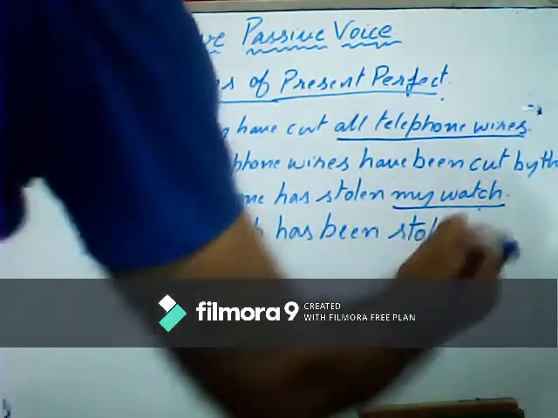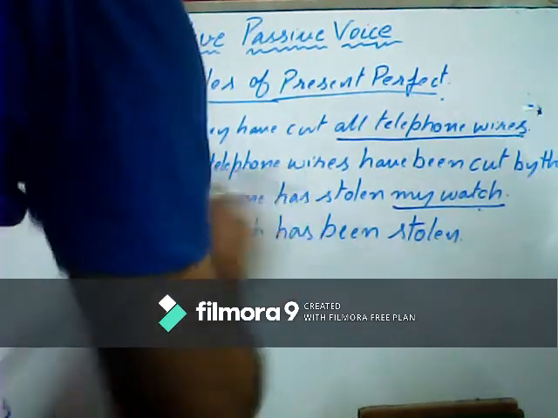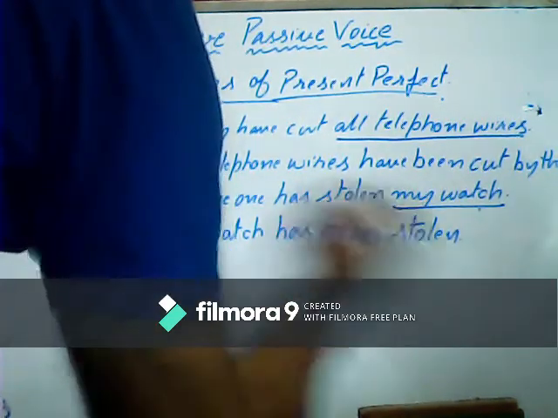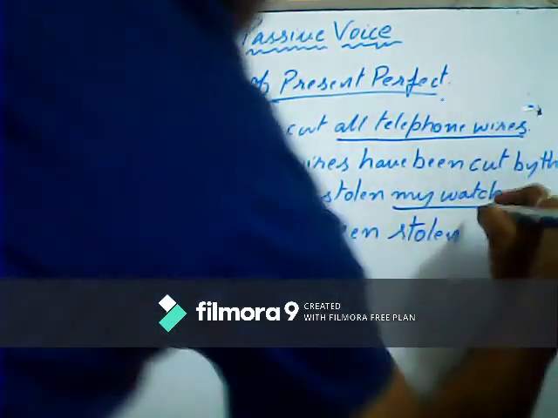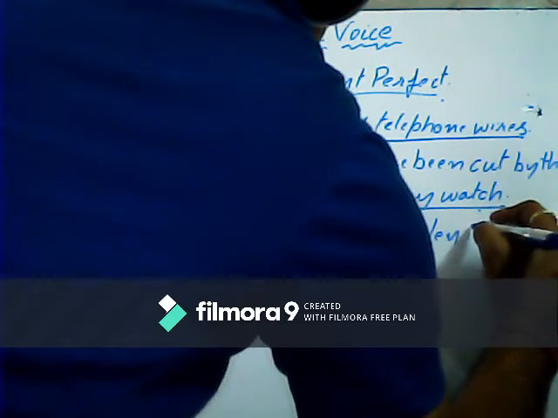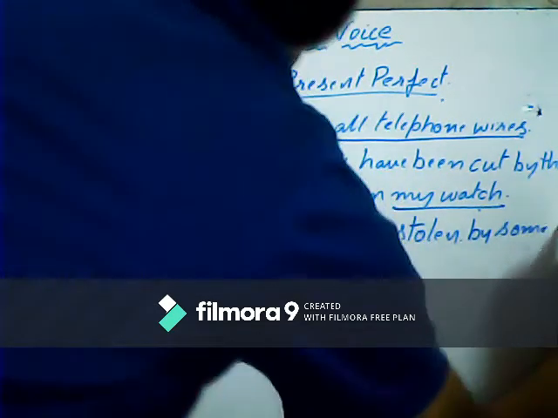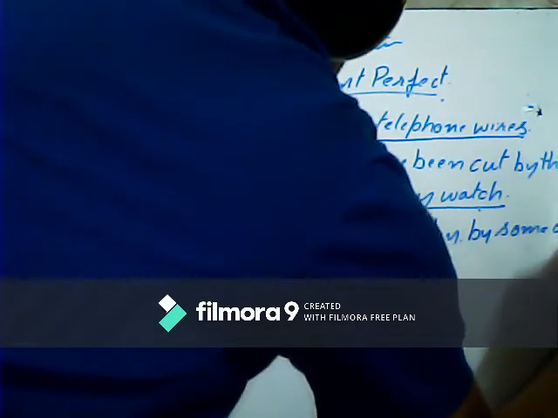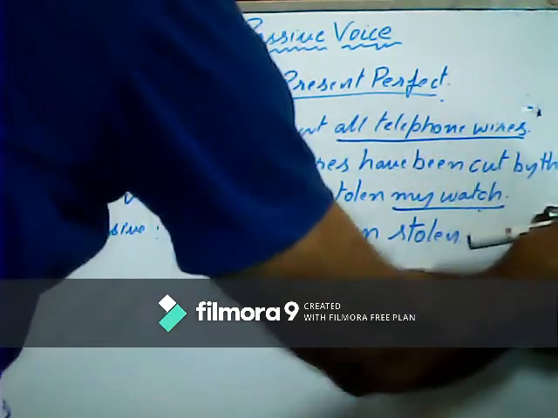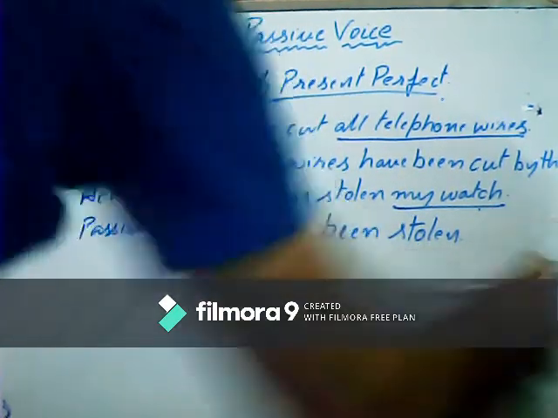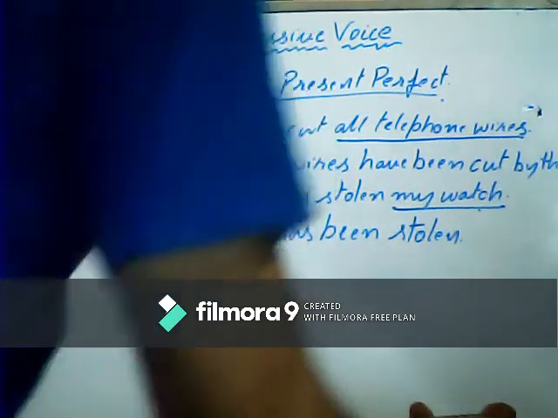Now here we can write this much only, because by someone is not important. It is understood that by someone, or if you write it also, that is not a problem. My watch has been stolen by someone. Generally in this type of sentences we don't write someone because it is already understood. So better not to write; my watch has been stolen. This is understood that somebody has stolen my watch.